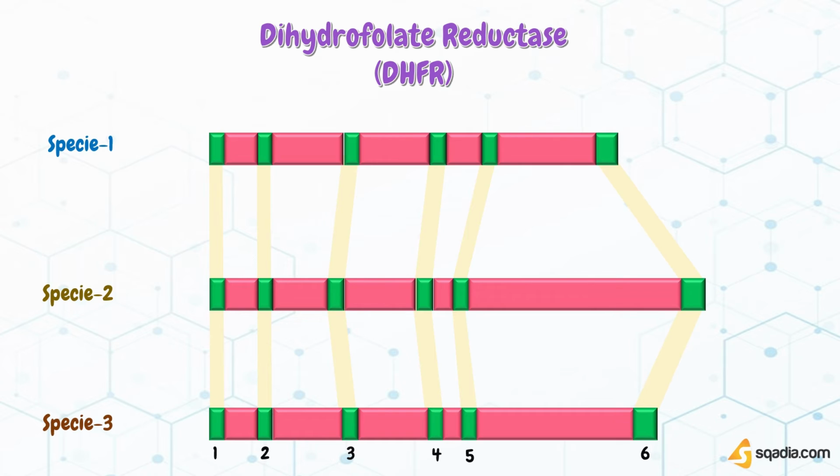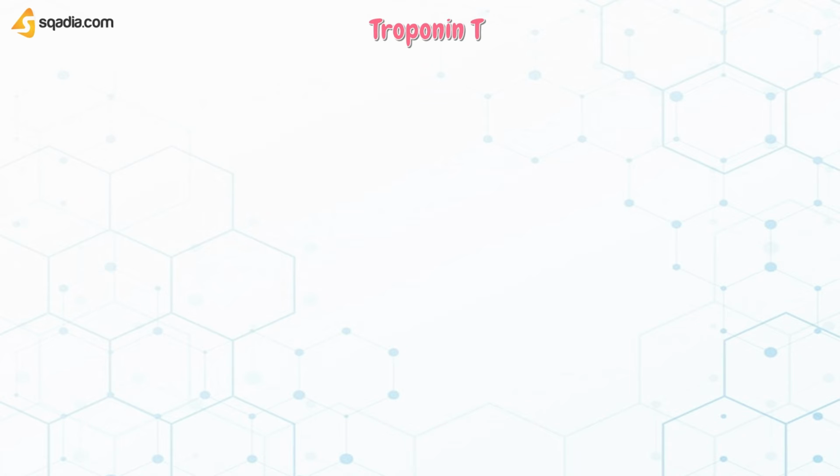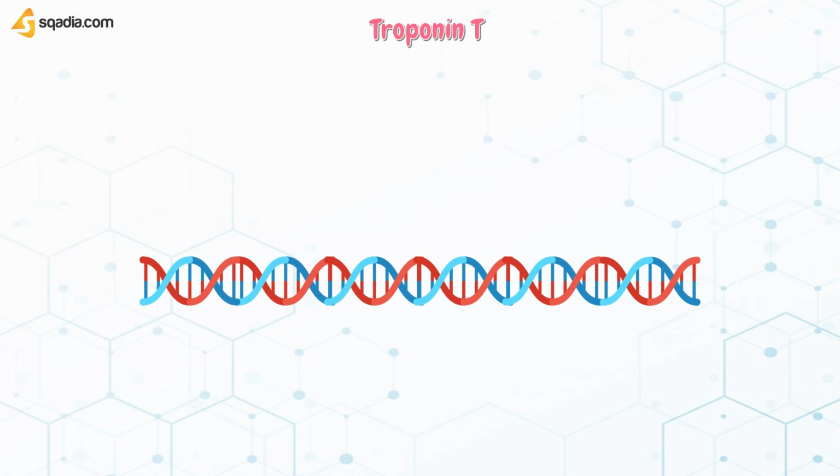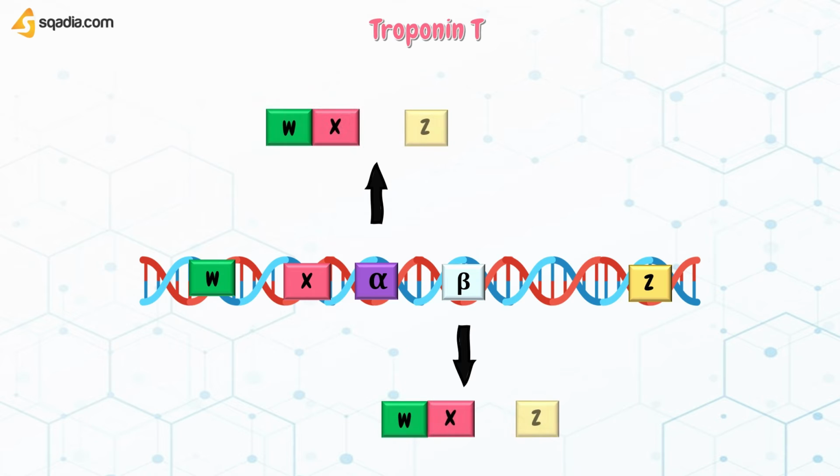Moving forward, alternative splicing generates the alpha and beta variants of troponin T. The troponin T gene of rat muscle contains 5 exons, W, X, alpha, beta, and Z, but only 4 are used to construct an individual messenger RNA. So, let's understand it. Three exons, W, X, and Z, are included in all messenger RNAs.